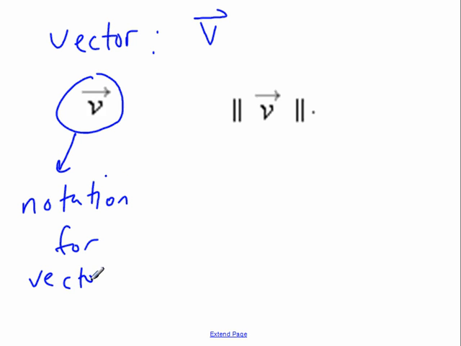And what about on the right-hand side? What about when you have these double bars? Well, this is a special way of saying absolute value. We have the double bar when it's the absolute value of a vector. But when we're talking about the absolute value of a vector, this is a scalar, and a scalar is a number without direction.